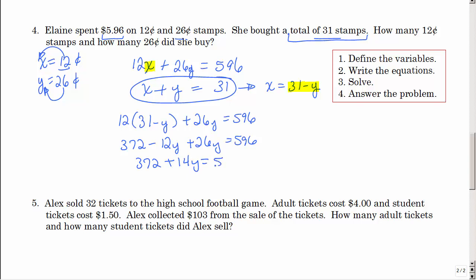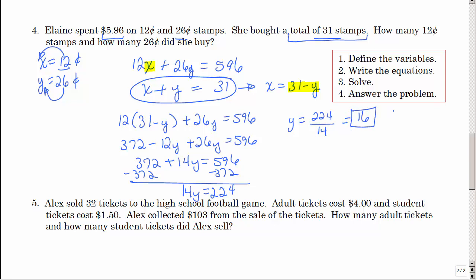Collecting like terms, subtracting 372, and then I need to divide. If I take y and I have 224 divided by 14, that is equal to 16.